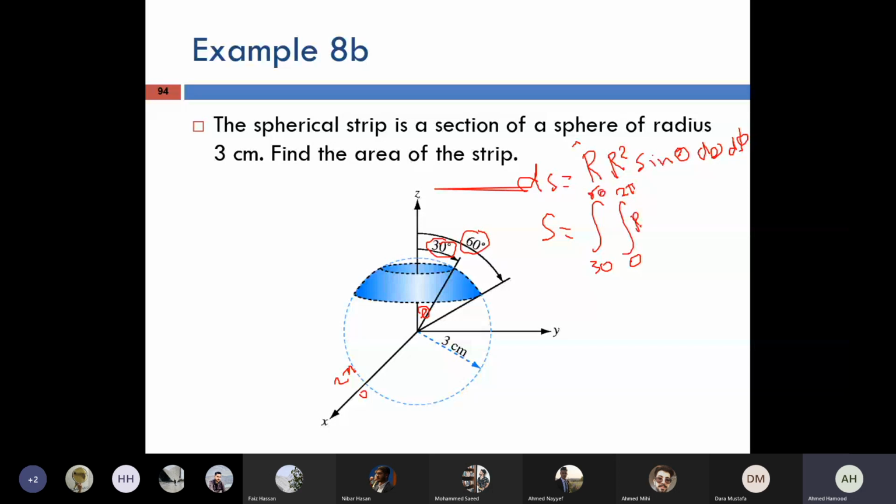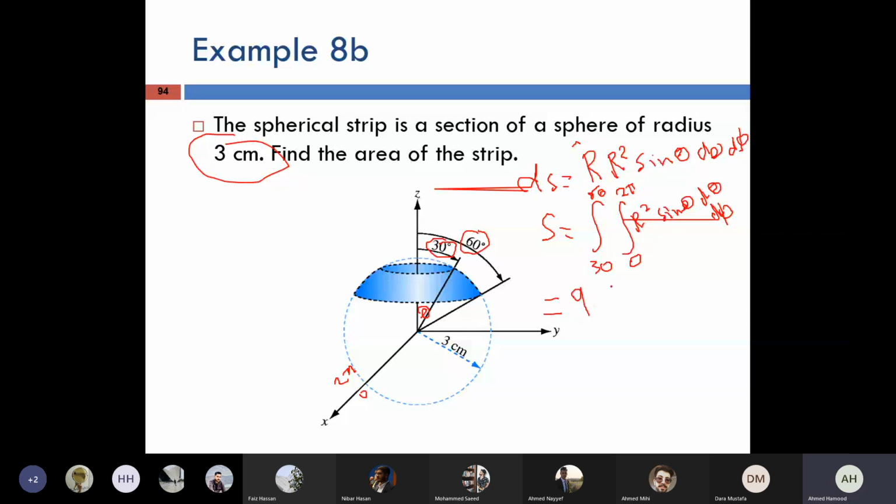Then we have r square sine theta, then d theta d phi. Okay, then it is equal to what? R square here, you have r radius 3, so 3 multiplying by 3 is equal to 9.